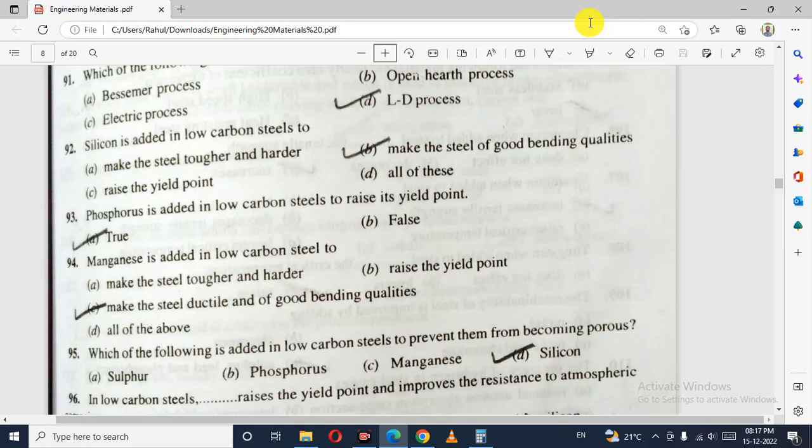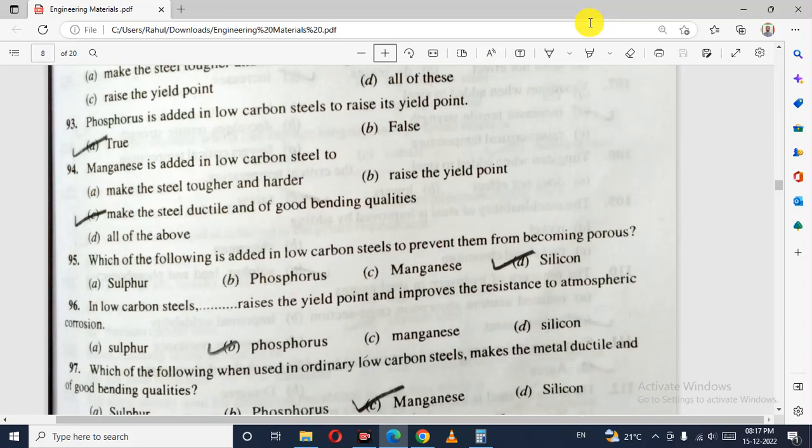Silicon. In low carbon steel, phosphorus resists the heat point and improves resistance to atmospheric corrosion. Which of the following, when used in an ordinary low carbon steel, makes the metal ductile and gives good bending qualities?